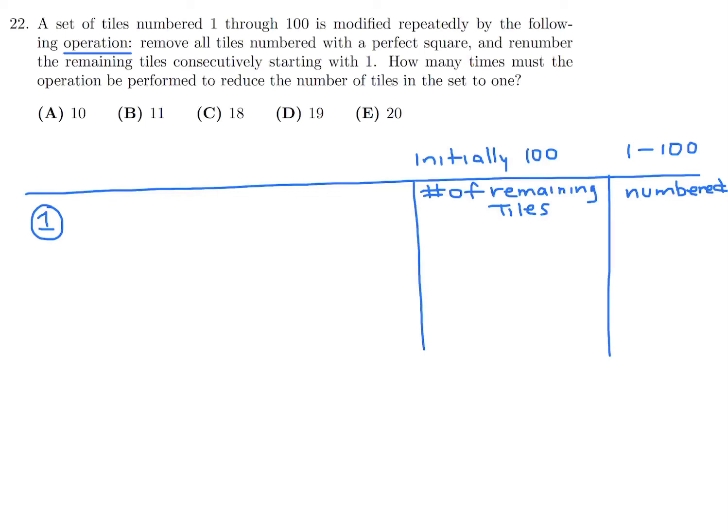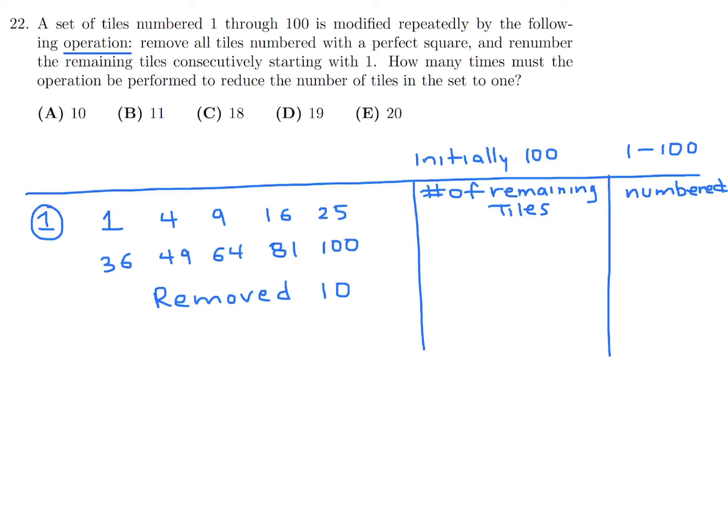The first time I do this operation, I have to remove perfect squares. So I have to remove 1, 4, 9, 16, 25, 36, 49, 64, 81, and 100. These are numbers that are perfect squares. And how many of these are there? Well, there's 10. So I have to remove 10 of these.